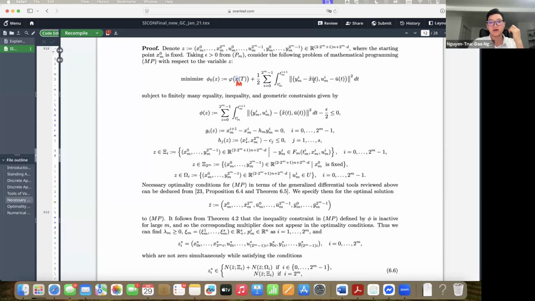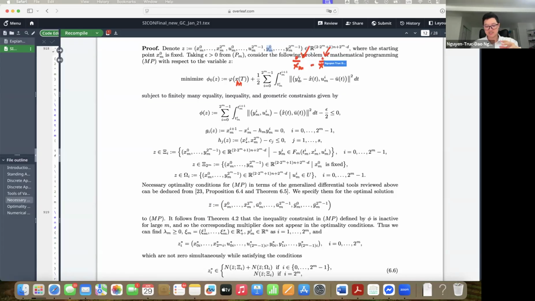And plus, this is the tail. So y_i^m, as I mentioned before, plays the role of x^m dot. That's why you have x^m dot minus x bar dot, because this is from the discrete problem and this is from the continuous problem.